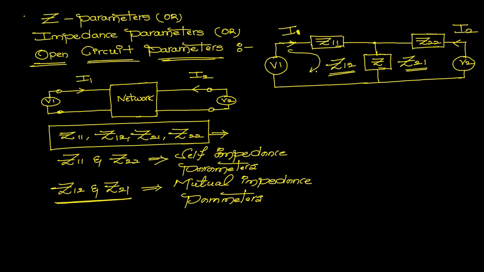For example, if I consider this as loop 1, the current flowing in loop 1 is I1. Assuming this is loop 2, the current flowing in the second loop is I2.